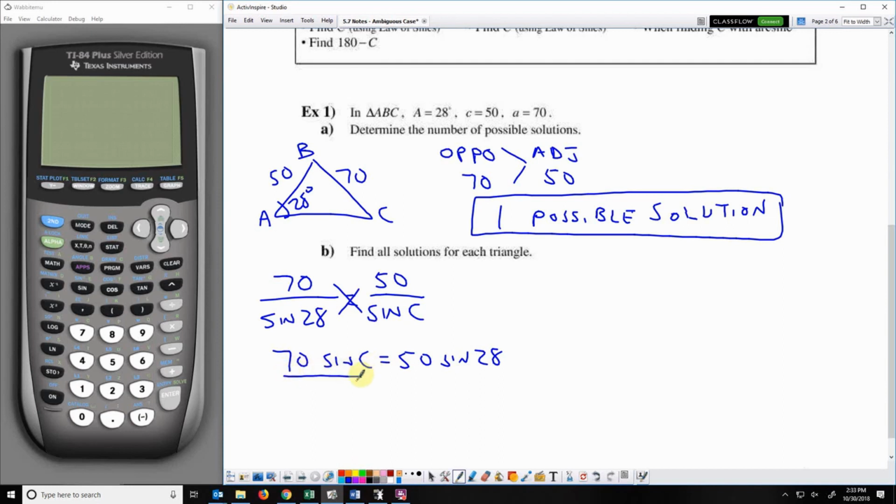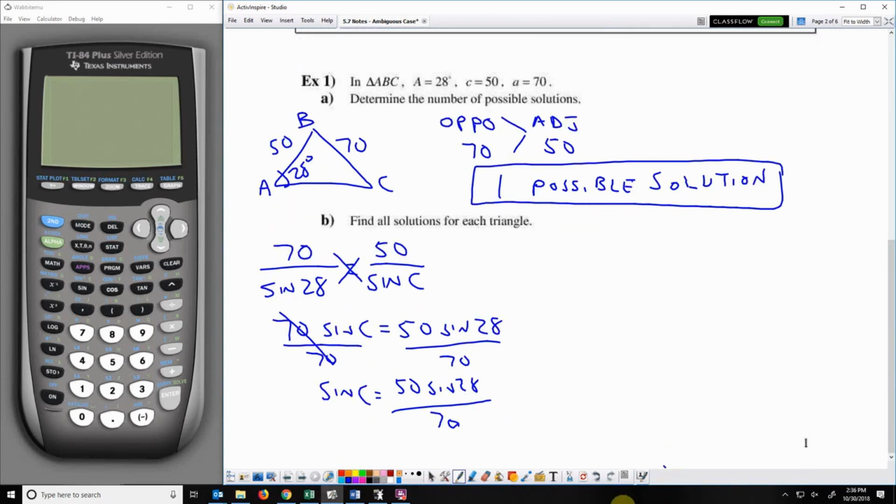So I can get sine C by itself by dividing by 70. So I get sine C equals 50 sine 28 over 70. To solve for C, I have to do the inverse, or arc sine. So it's arc sine of 50 sine 28 over 70.